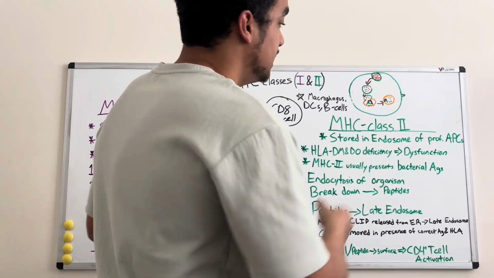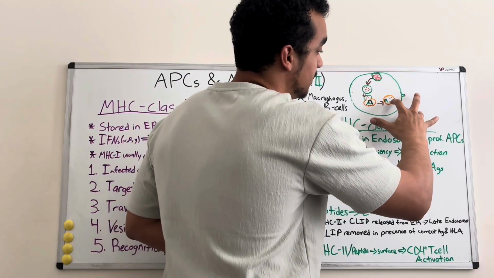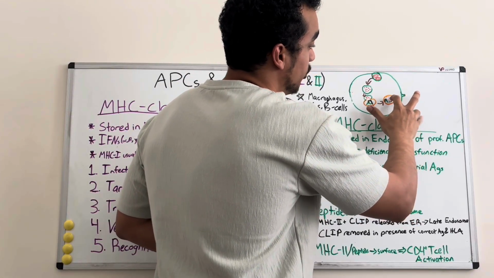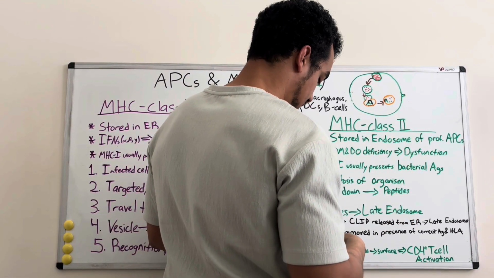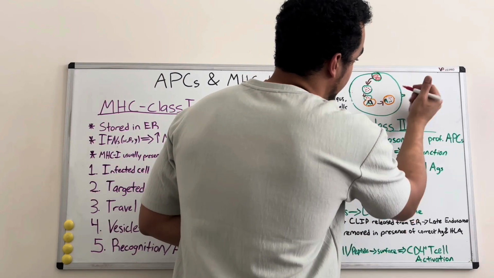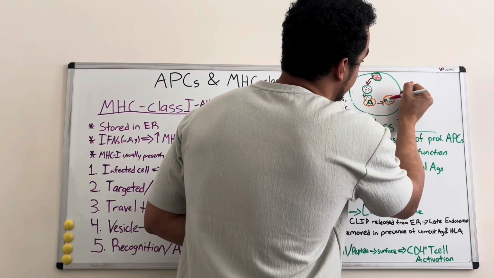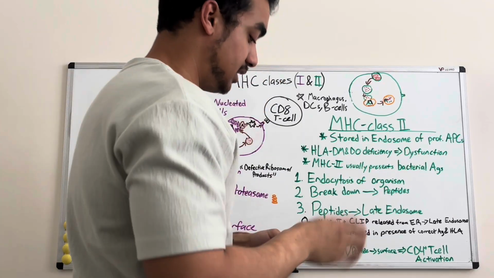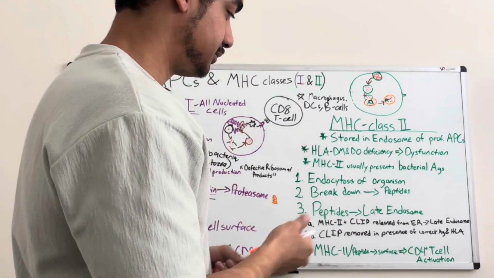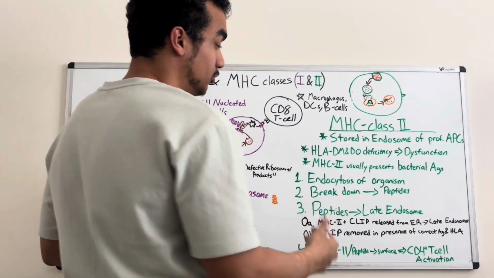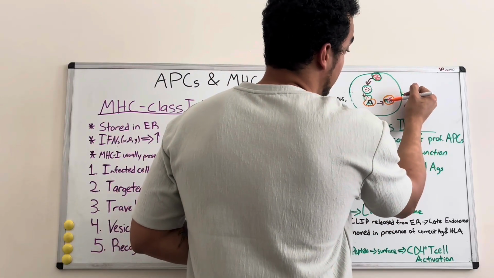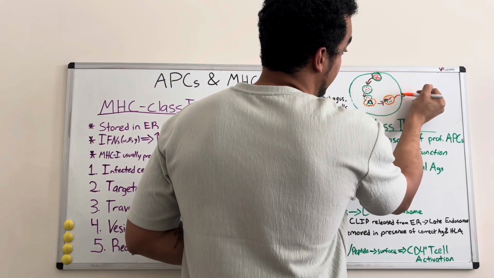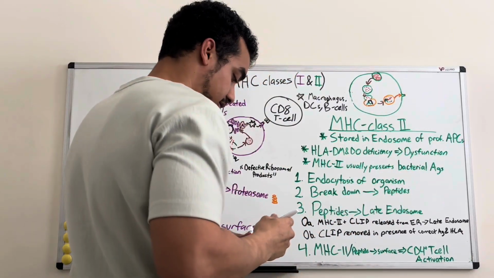But this DM and DO is going to help remove CLIP in the presence of the correct antigen. It's going to help remove CLIP. And after that removal, it releases the MHC2 product and its correct antigen onto the cell surface.